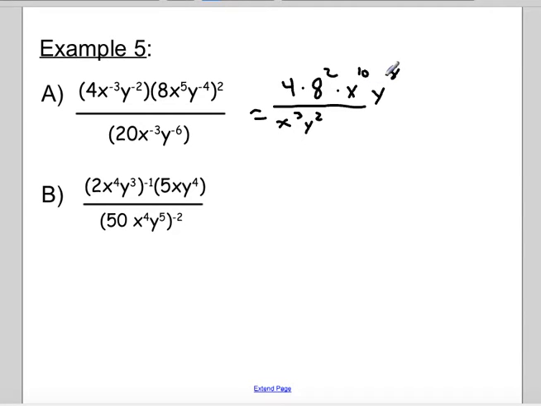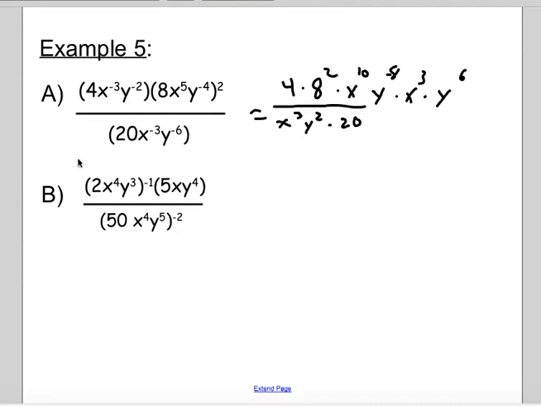Oops, forgot my negative. And then down here, that denominator there doesn't have a power there on the outside, so the 20 stays here. You got x to the -3. He's going to go up at the top and become x to the 3rd. And that y to the -6 is also going to come up to the top, or up to the numerator up there.